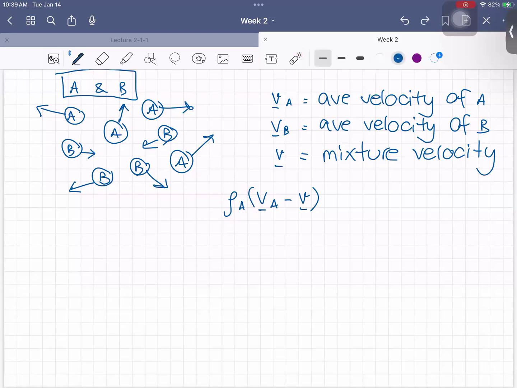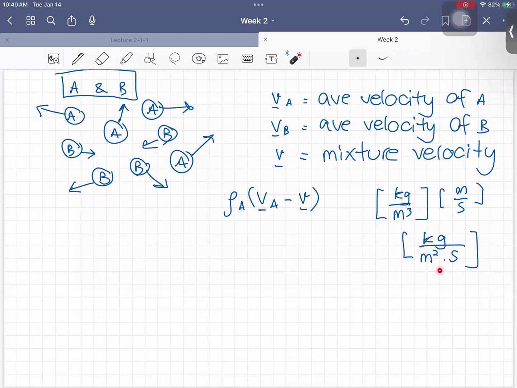If you want to check the unit, the unit for density is kilograms per cubic meter, and velocity is meters per second. So the unit at the end is going to be the mass flux: kilograms divided by area divided by time.